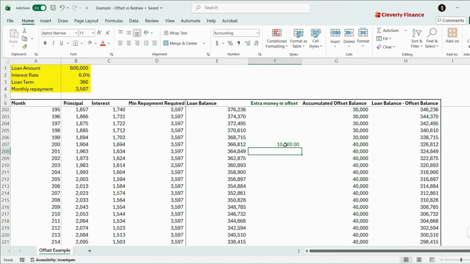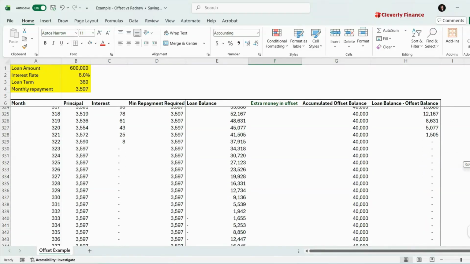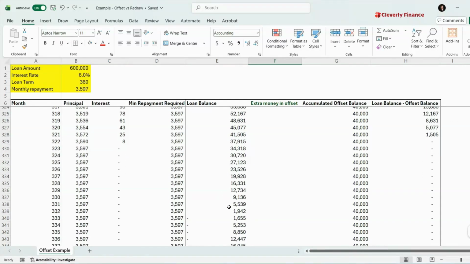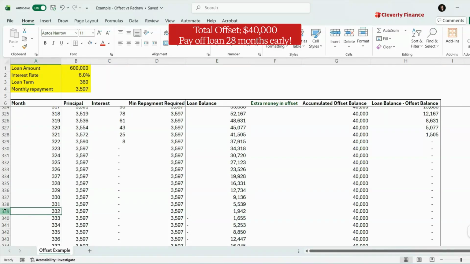Suppose it is the 200th month, you add another 10,000. So in total, you have put 40,000 into the offset account, and you can clearly see that this debt will be paid off by month 332. So you managed to pay off the home loan well ahead of schedule by quite a lot in 28 months by putting an extra 40,000 into the offset account.